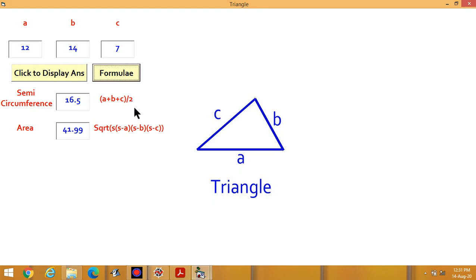First of all, you have to calculate this value, that is semi-perimeter. It's indicated by S. Then you have to calculate the area, and formula for area is square root of S into S minus A into S minus B into S minus C. In this way, you can calculate the area of any triangle.